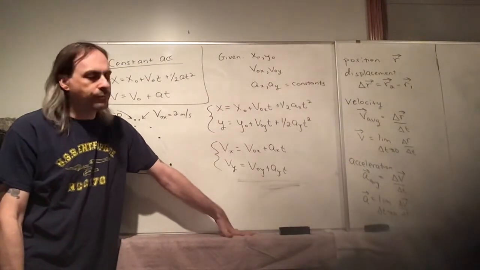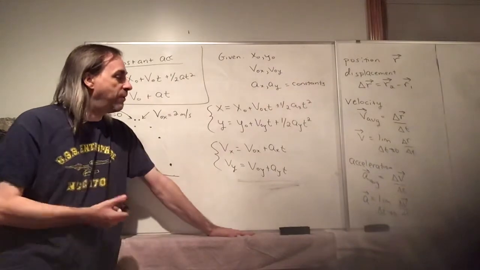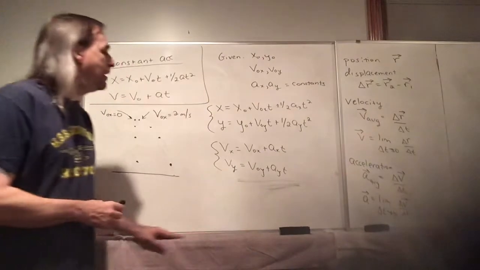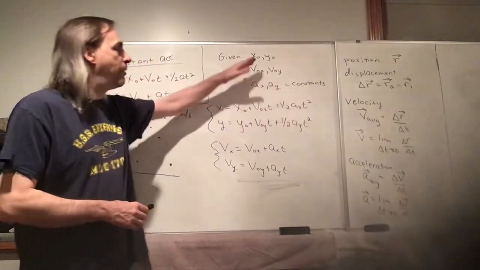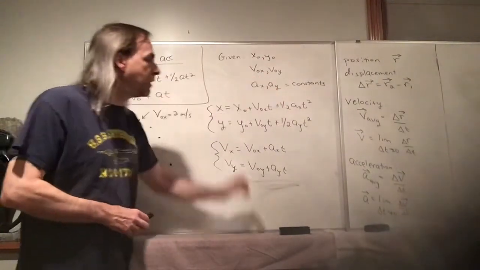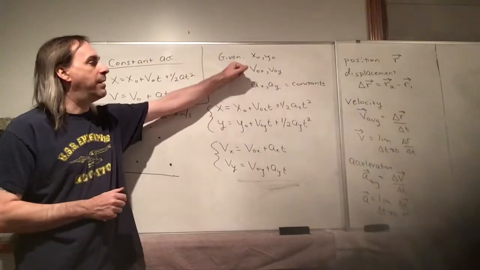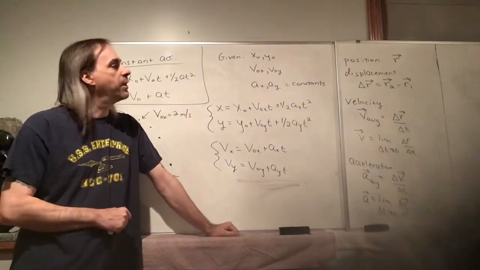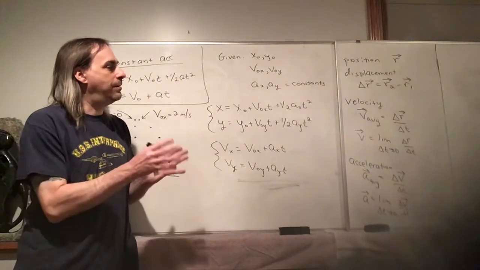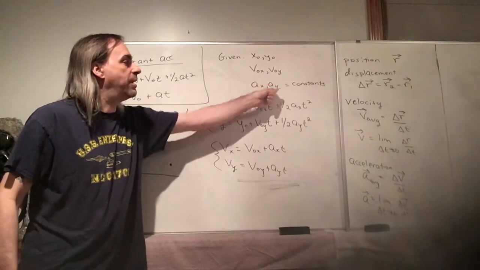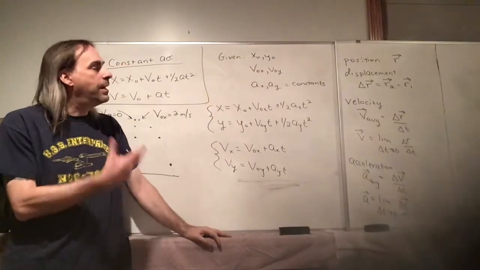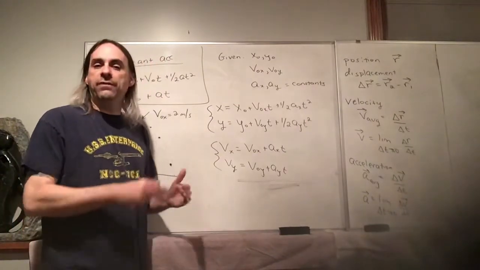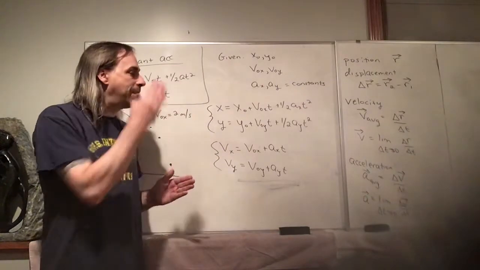But for the problems we're going to deal with, we're going to be able to write down ax and ay and collect all this information. So we already know what the acceleration, the initial velocity and the initial position are in vector form. In that case, it's safe to say we can just keep x's and y's completely separate.